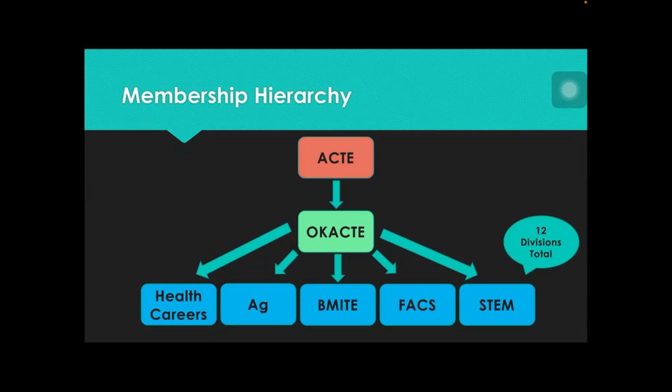And I just put some like the 5 most popular ones that you guys may have some personal experience with. Health careers, ag, BMITE, FACS, STEM. We have administration, guidance, and so many more. Like I said, there are 12, but those are the ones that you guys are going to see more visible in some of your high school and technology center programs.